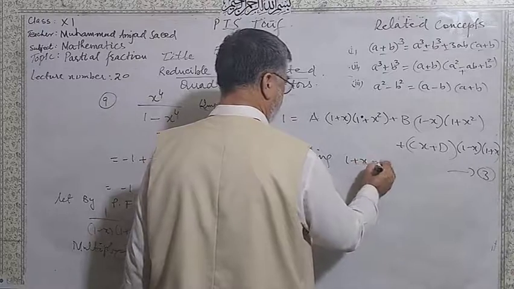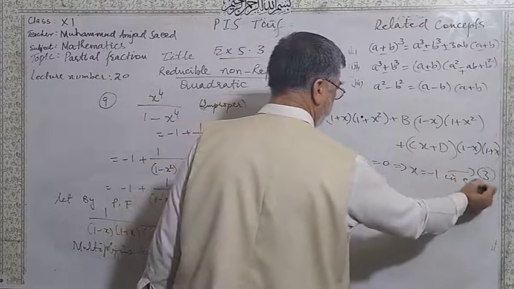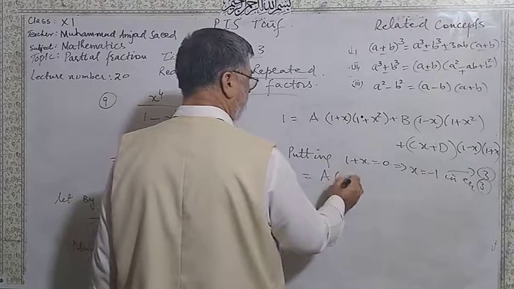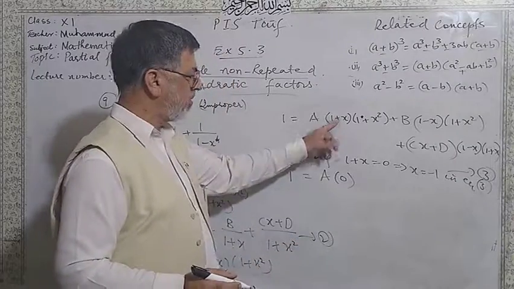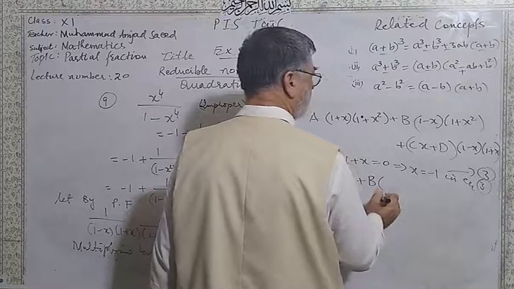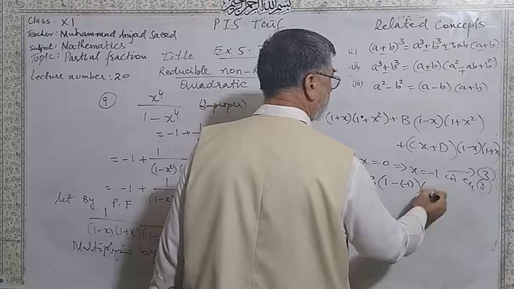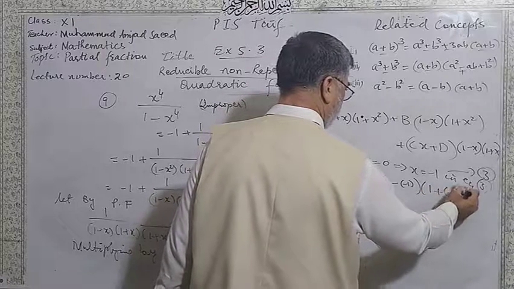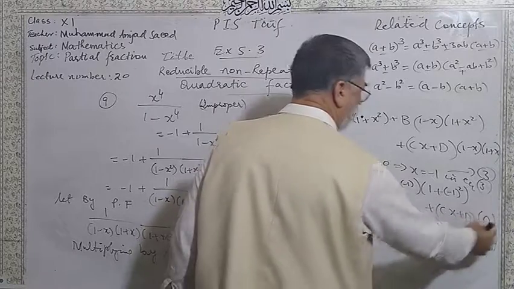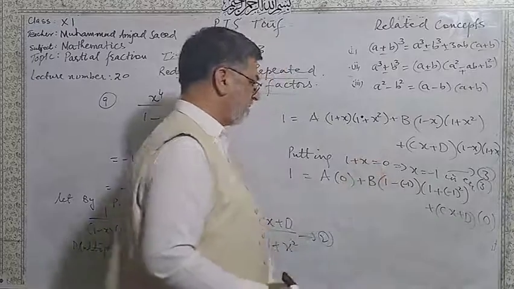Putting 1 plus x is equal to 0 implies that x is equal to minus 1 in equation number 3. 1 is equal to a into 1 plus x, here is 1 plus x, 0. Plus b into 1 minus minus 1 into 1 plus minus 1 whole square, and cx plus d into 0, because here is minus 1 plus x, 1 plus x at the last.